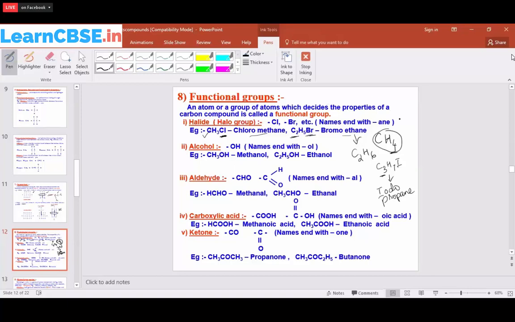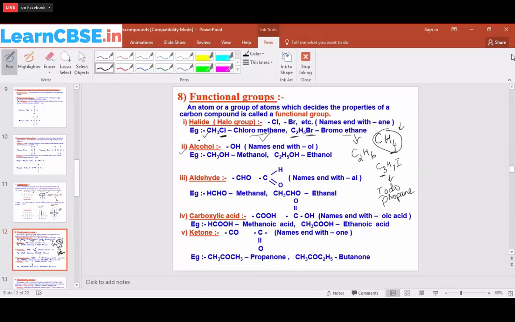But CH4 is a non-polar molecule, and we use it only for burning purposes. While we change one atom in a particular compound, we get a number of compounds having numerous properties as well as uses.